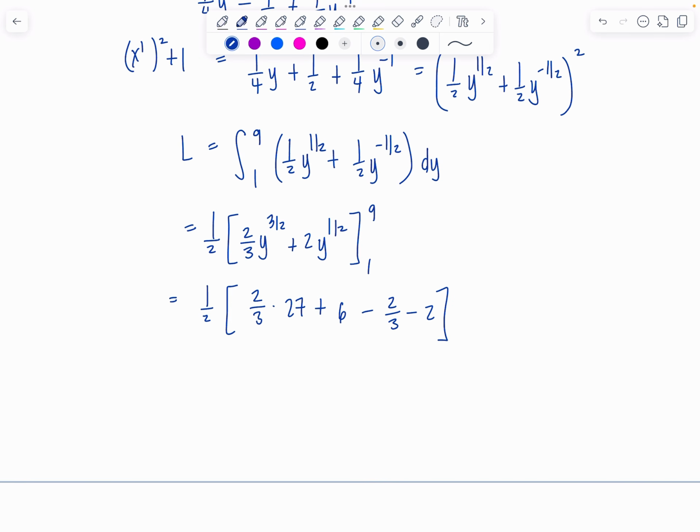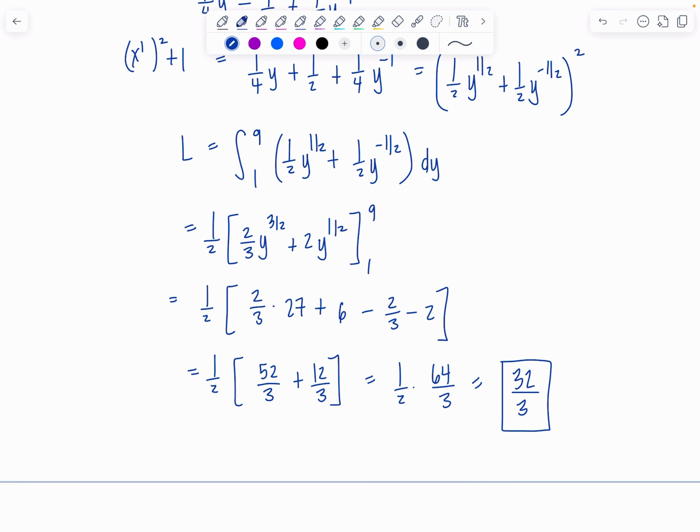So what is this going to be? Let's do that. So this is 54 minus 2 is 52 over 3, 1/2 times 52 over 3 plus 4 plus 12 over 3. That's 64 over 3. 1/2 times 64 over 3, 32 over 3.